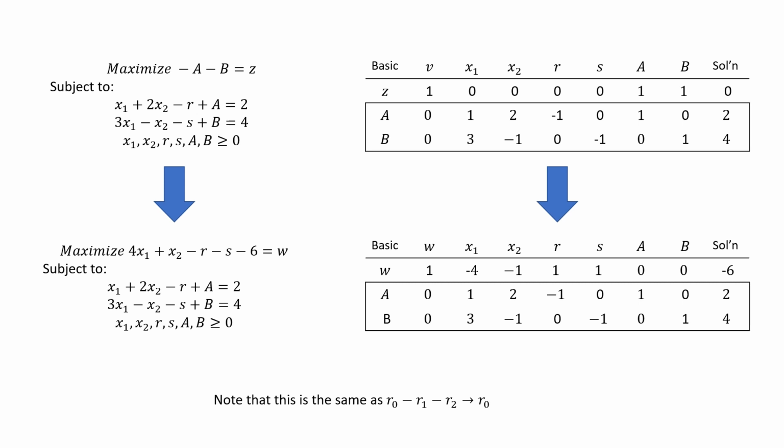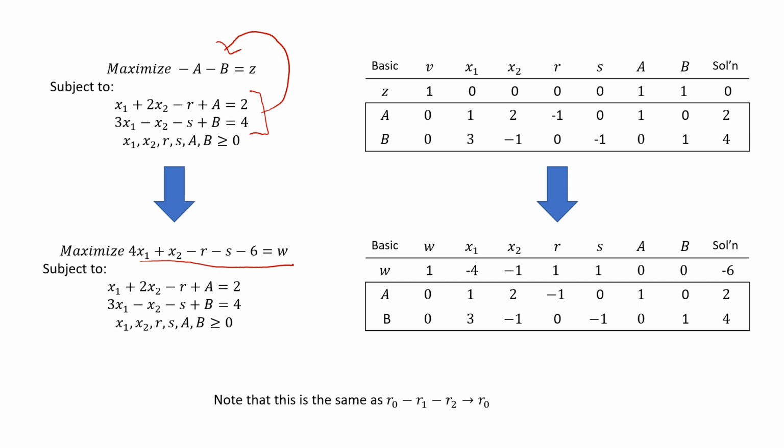But the substitution in this case doesn't involve this huge value M. We have actual constraints that are equalities. From those we can get a equals something, b equals something. Substitute them back into our objective function. We end up with a new objective function written in terms of all of the other variables. So we've taken our artificial variables out of our objective function. Same way as we did for the M method, just our objective function is a little bit cleaner.